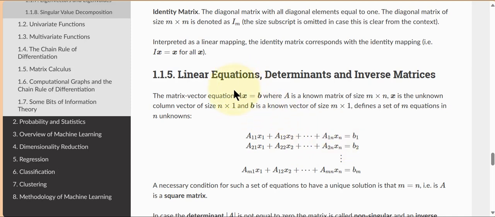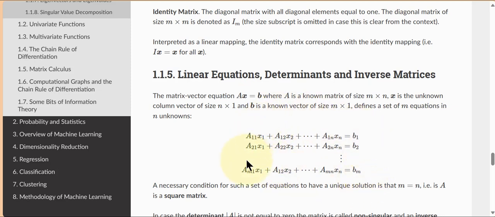So the first element of this vector should be equal to the first element of this vector, and that's what this says. This element is equal to the first element of b, and this will be equal to the second element of b, and so on. So this is the same as this.